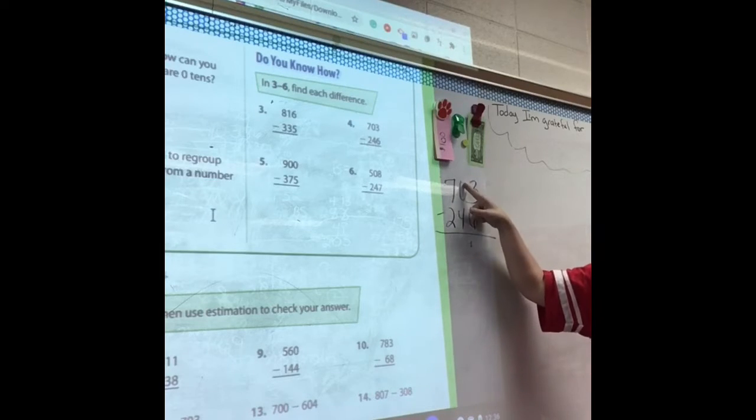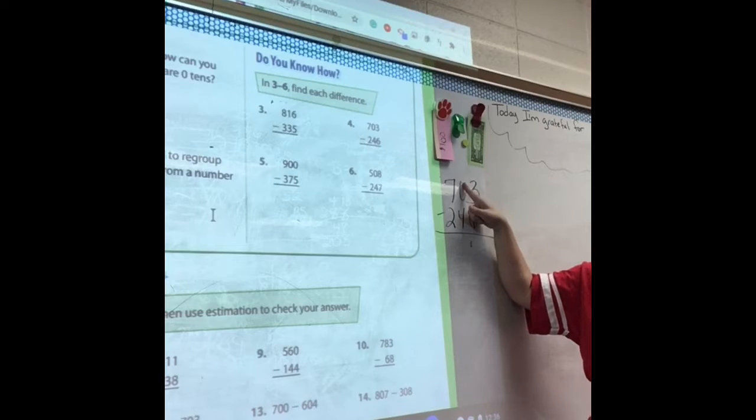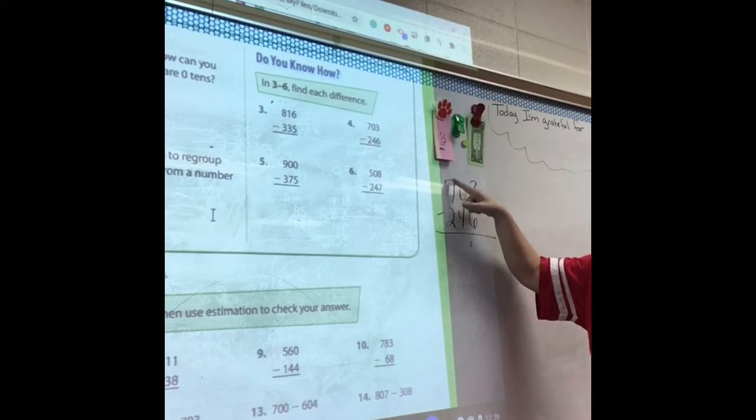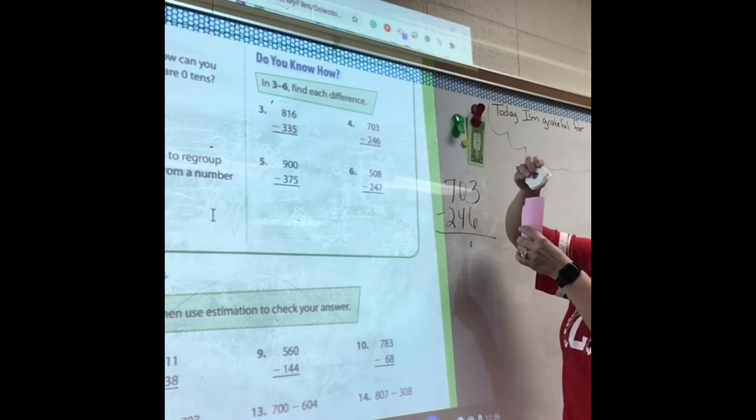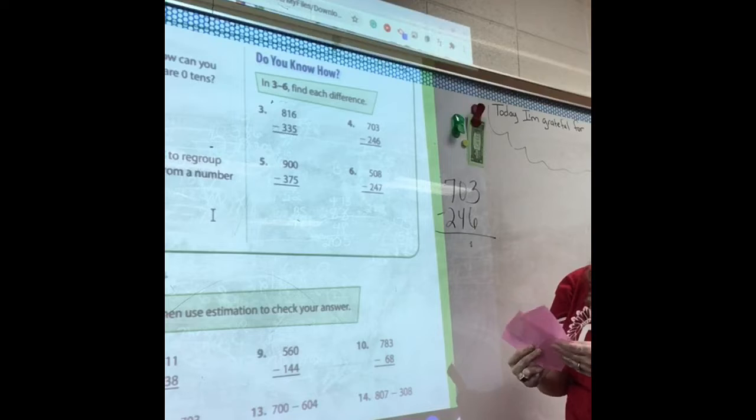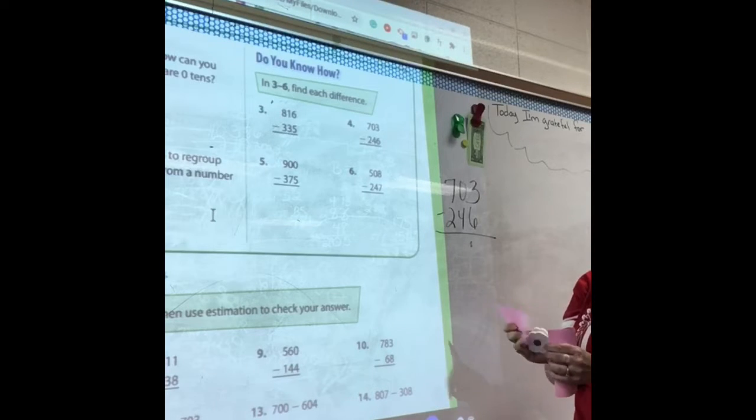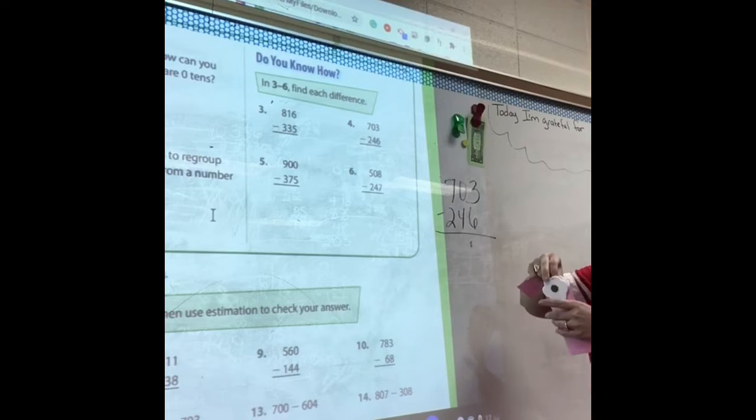I don't have any 10s today to borrow from, so where do I gotta go? To the hundreds. So I'm going to take one of these $100 bills away, and I'm going to take it to the bank.